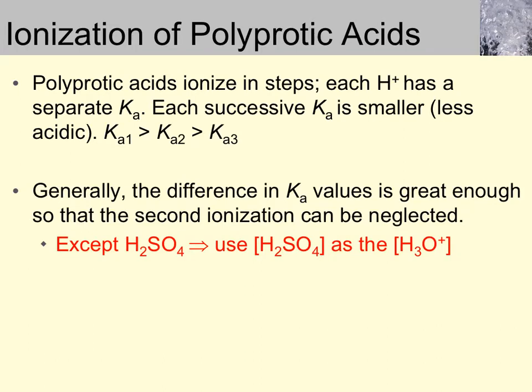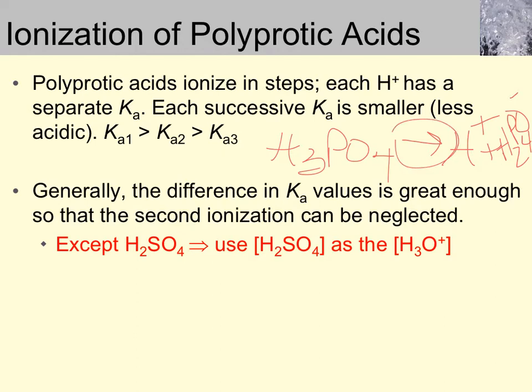If you have a polyprotic acid, so let's just say phosphoric acid, and you put it in water, the ionization is going to happen in steps. So in other words, the first hydrogen ion will be donated to the water, and the Ka for this first release of the first hydrogen is called Ka1.